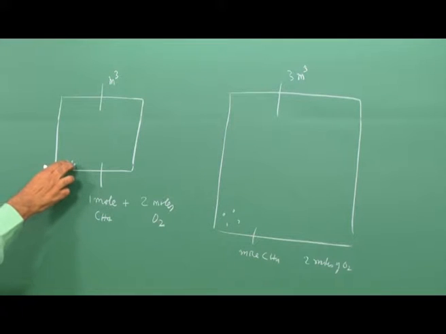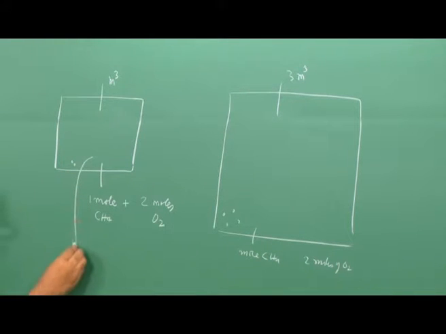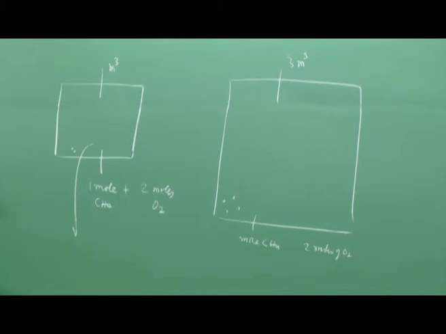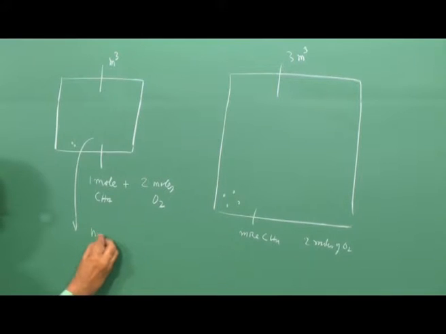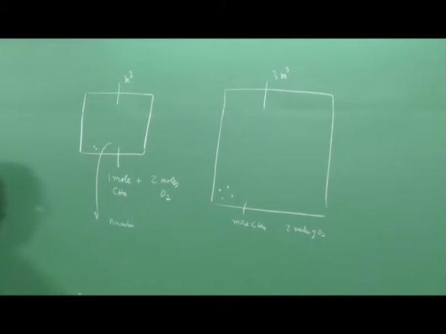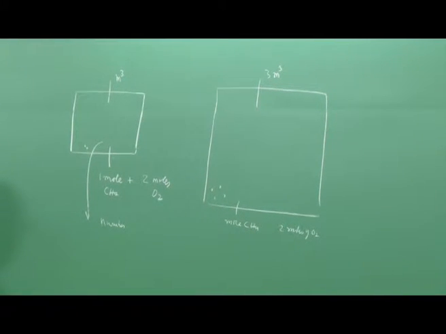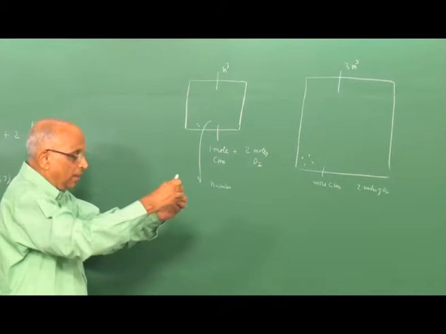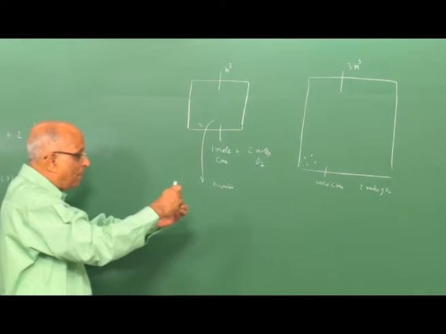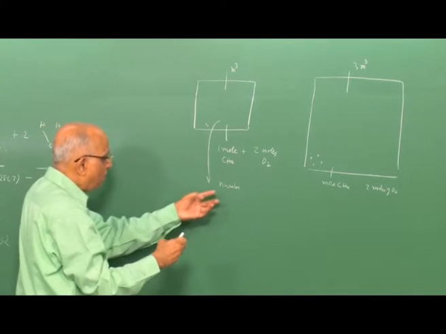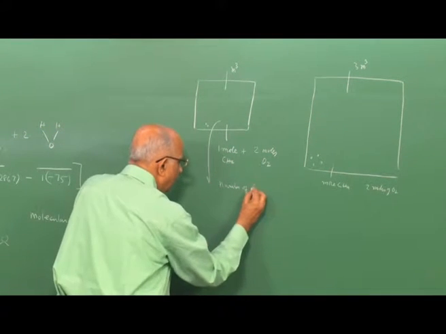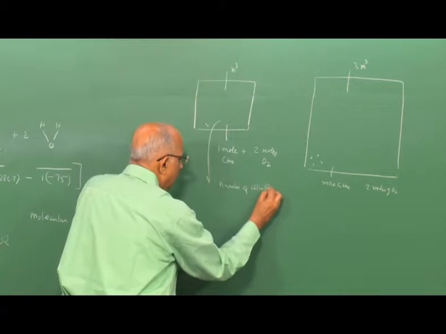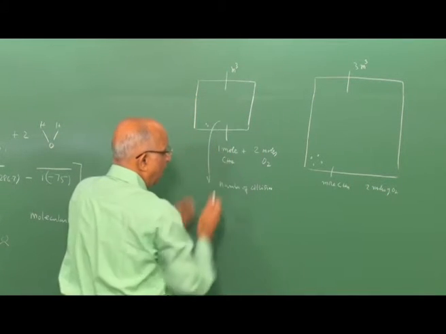Since the individual molecules are near to each other, they are more likely to undergo collisions, and therefore in the case in which I have a smaller volume, the number of collisions is going to be higher. We said collisions are required in order to strip the individual atoms and also combine with some other atoms, and therefore the number of collisions when I have a smaller volume is higher.